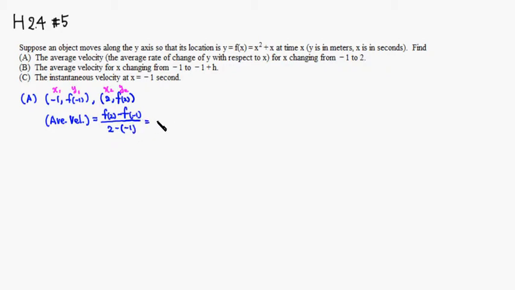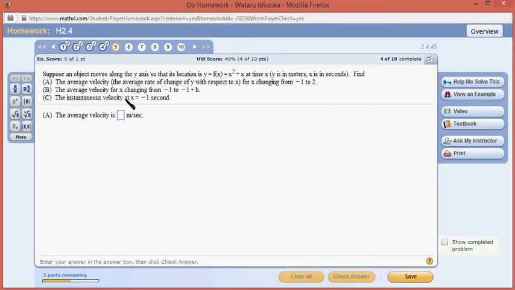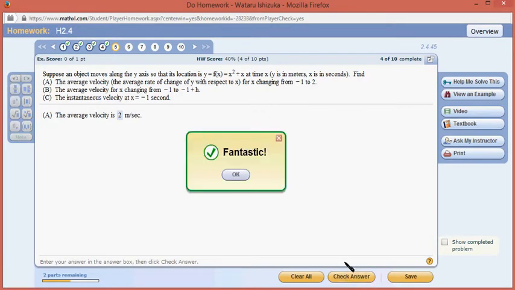For f of 2, just plug in 2: 2 squared is 4, plus 2, so that's 6, minus, for -1, -1 squared would be 1, plus -1, so that's actually 0. Then 2 minus -1 is 2 plus 1, so it's 3. So this is 6 over 3, which is 2. So let's type that in. The answer is 2. Let's check that.